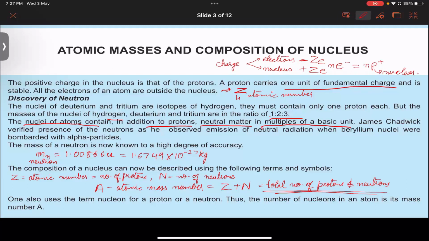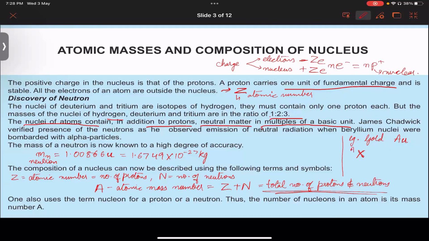So how do we denote an element? Suppose, for example, you take gold. The symbol for gold is Au, which comes from the Latin term for gold. The way we write the symbol for an element is X, where X is any element you take.